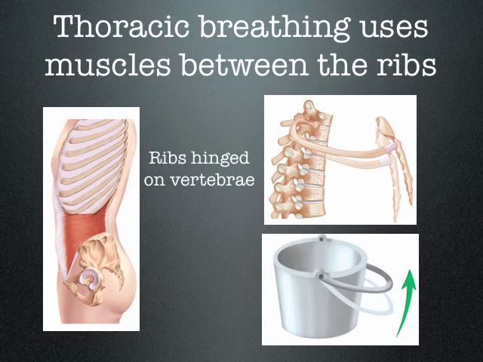Okay, and really the ribs are hinged in a sense. Let me go back here. The ribs are hinged in a sense back here against the vertebra, kind of like you see over on this side at this picture. Think of the handle of a bucket here. It's hinged against the side of the bucket. If it's down at an angle, is it close to the bucket or away from the bucket? Close, right? If I simply raise the handle, what happens to the handle? It gets farther away.